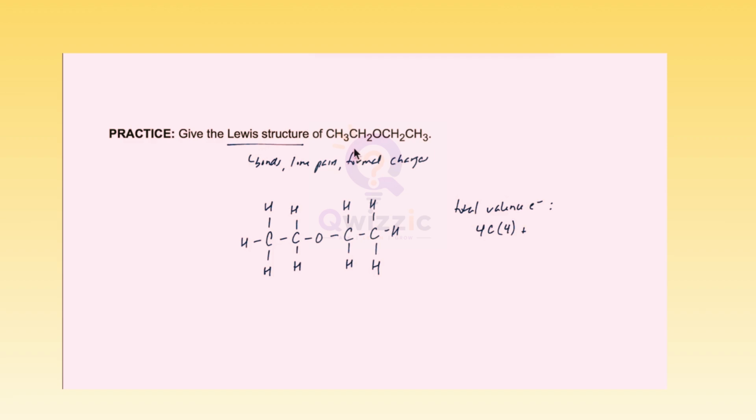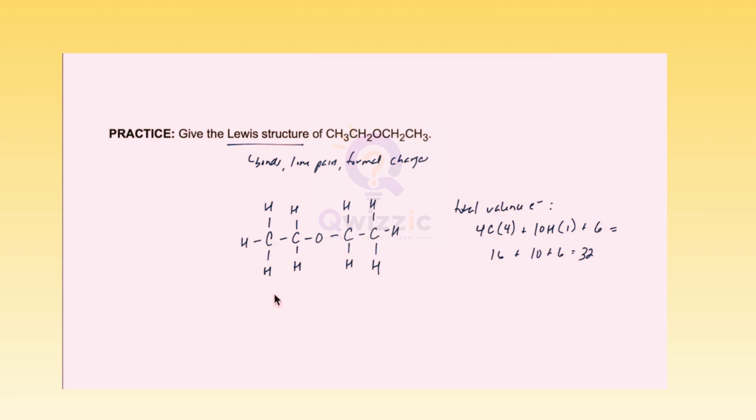Plus we have 3 plus 2 is 5, plus 2 is 7, plus 3 is 10 hydrogens. So 10 hydrogens multiplied by 1 valence electron. And then we have our 1 oxygen, which would be 6 valence electrons. So 4 multiplied by 4 is 16, plus 10, plus 6 equals 32 total valence electrons.